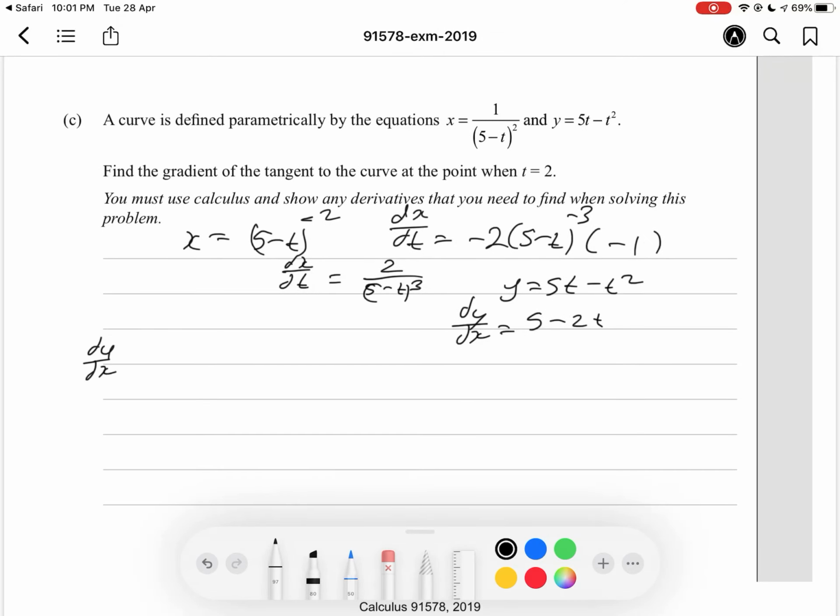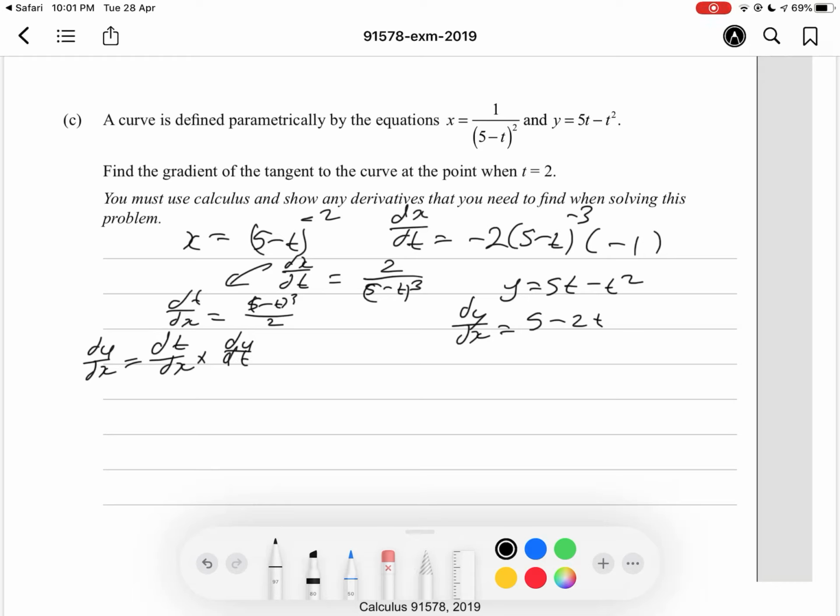Alright, so we want to find dy over dx. We have dx on the numerator, but we want dx on the denominator, so we're going to find the inverse of dx over dt. So dt over dx equals (5 minus t) cubed divided by 2. So dy over dx equals dt over dx times dy over dt.